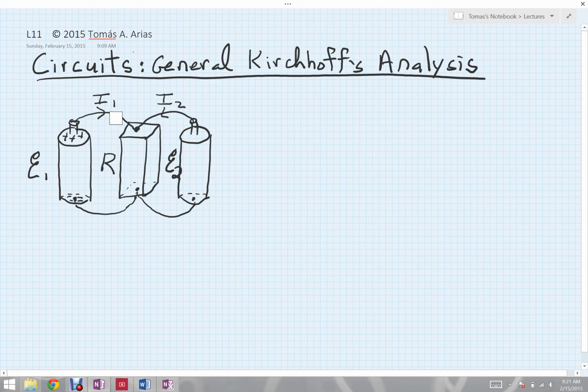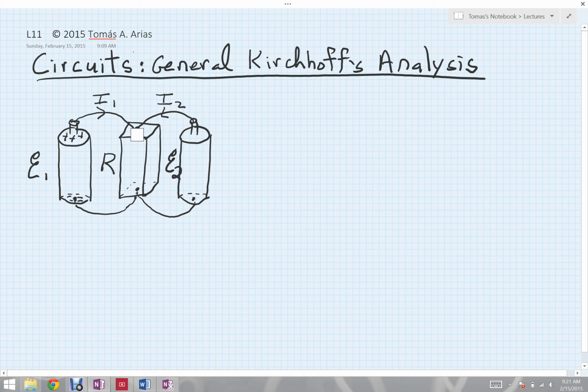The empirical observation is that the drop off in potential across the battery, to a good approximation for reasonably sized currents, is actually a linear drop in potential. So the way this is often modeled, which reflects this approximate linear drop off in potential across the battery with current, is as follows.